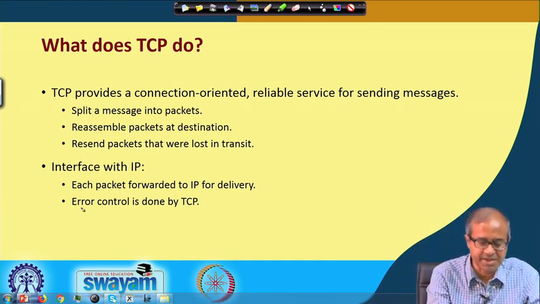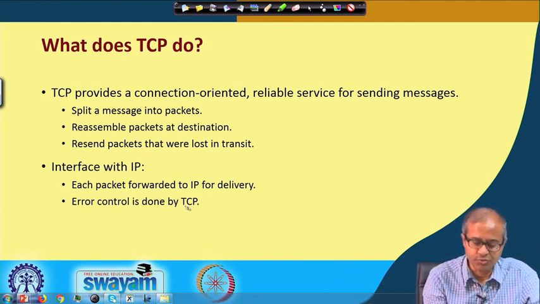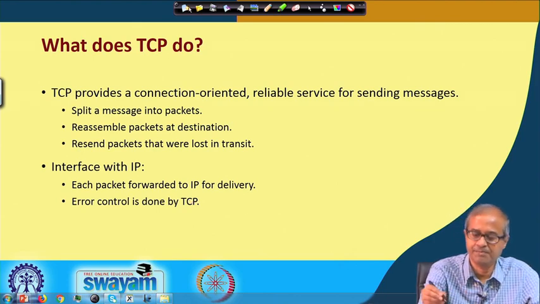And if there are some errors happening, well, IP will not handle any errors, it will be handled by TCP. TCP will check whether all the packets are arriving correctly or not, and if some packets are missing, it will be requesting the sender to send them again.